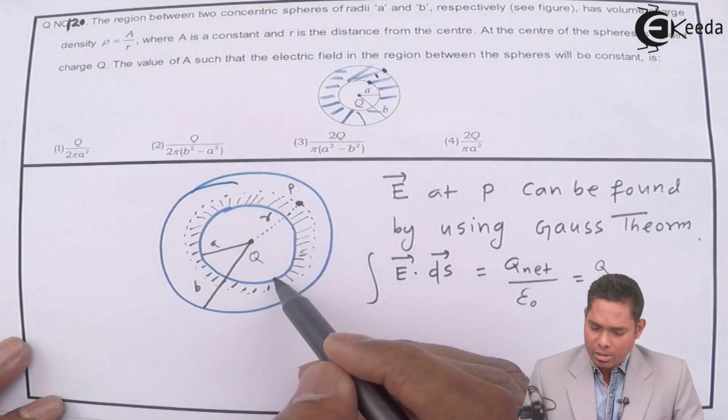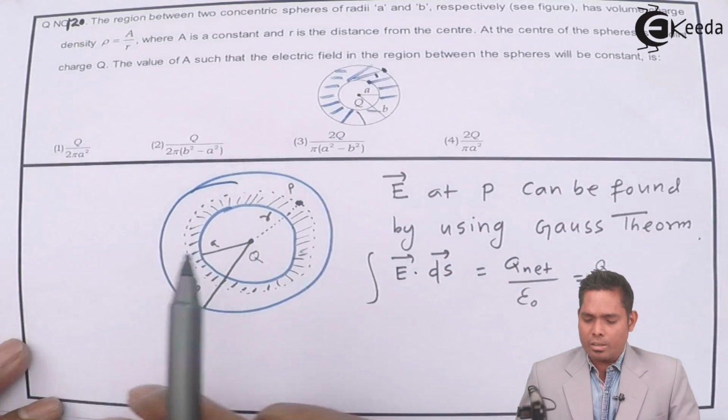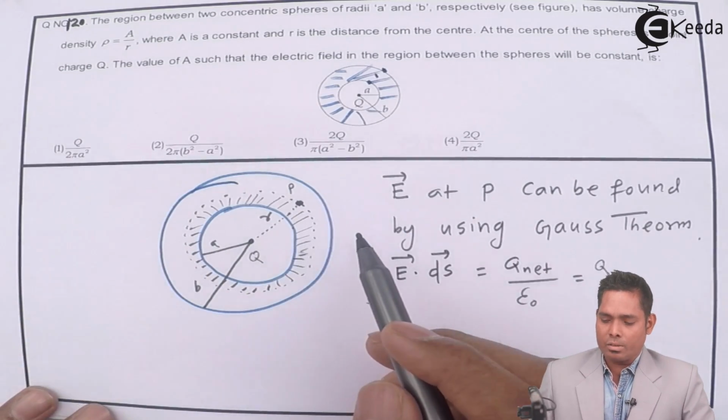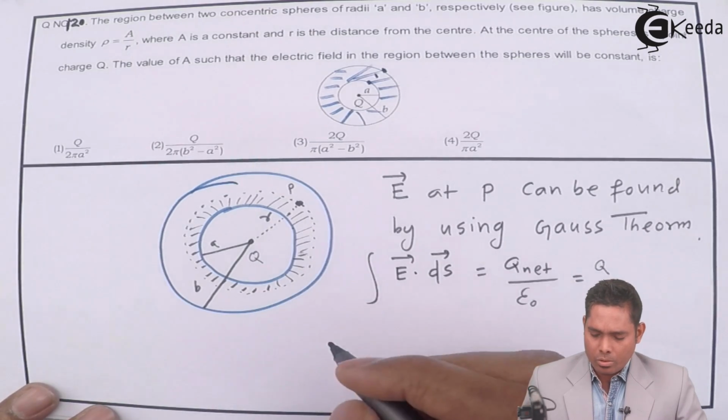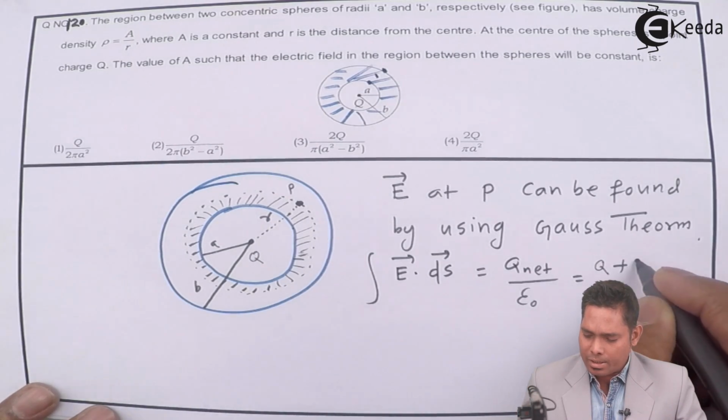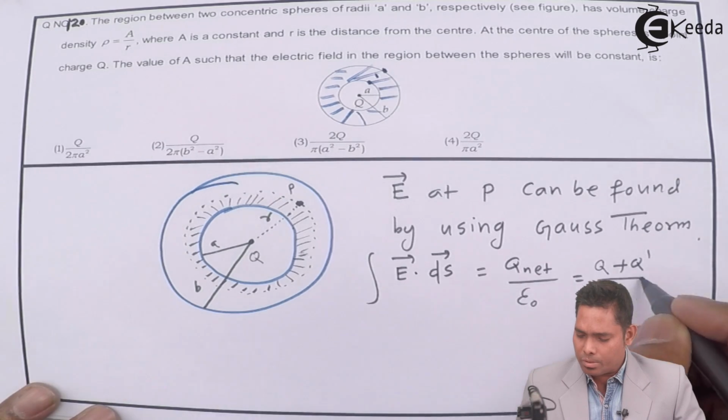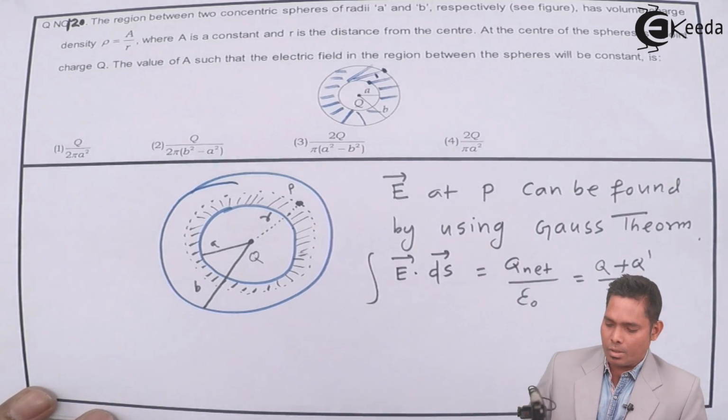Suppose that charge due to the volume charge density is Q dash.